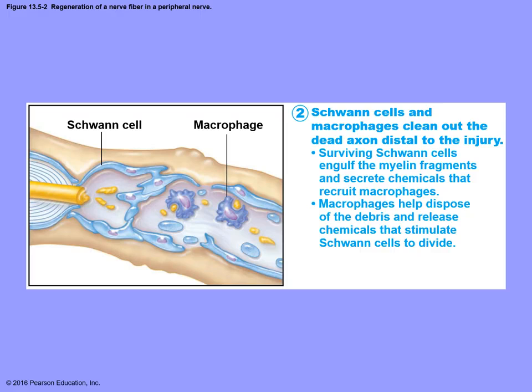If you had a cut there, they also recognize anything foreign to try to prevent infection. As the macrophages are disposing of this debris, basically eating it up, they also release certain chemicals that in turn stimulate those Schwann cells to start to divide.